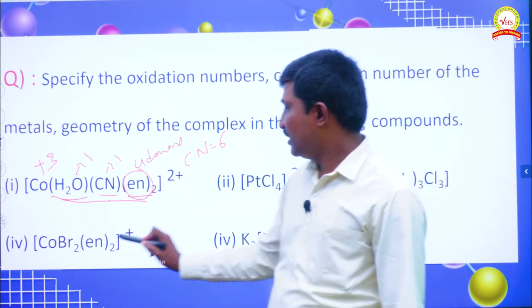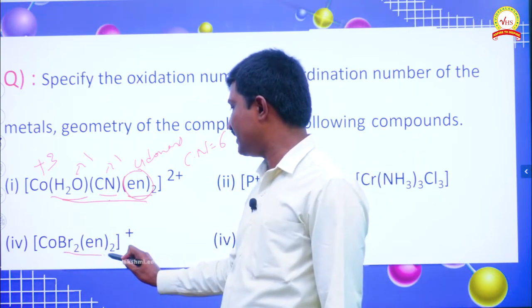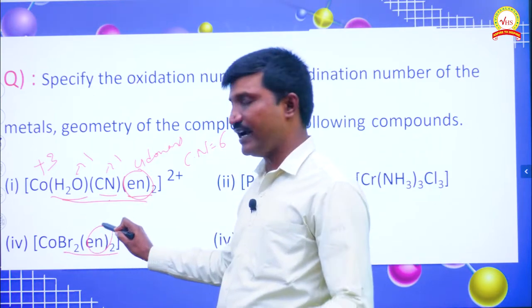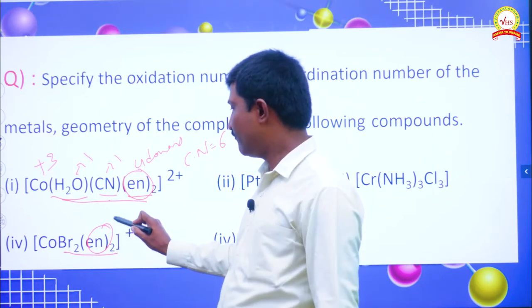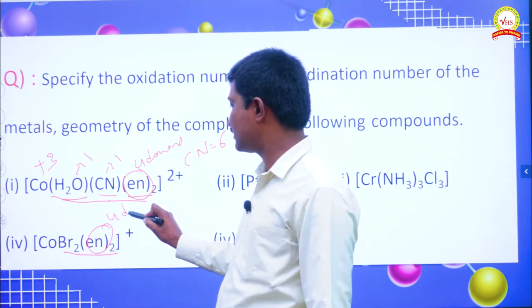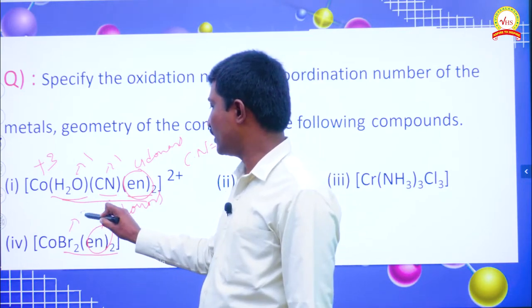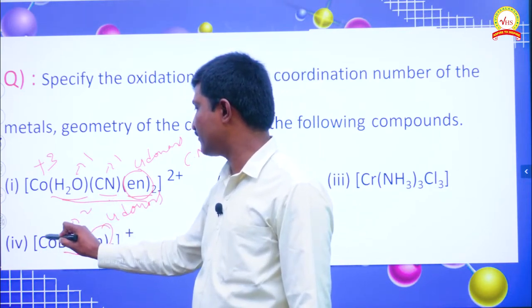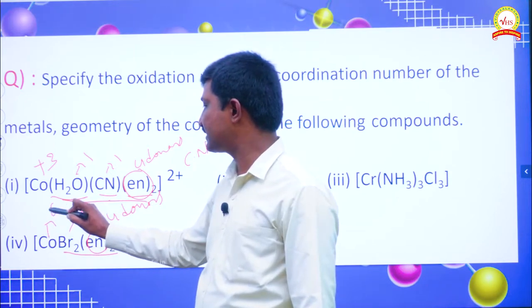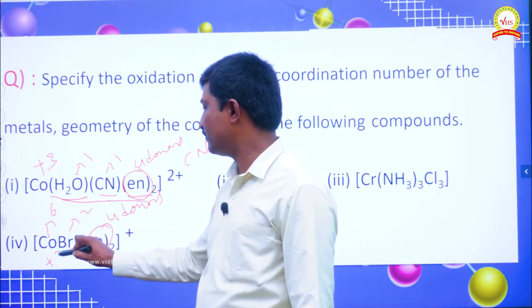Now, if you take 2 bromines and 2 en, en being bidentate, 4 donor atoms are present, 4 donors and here 2 donors. So the coordination number for this cobalt is 6 and the oxidation state is plus 3.